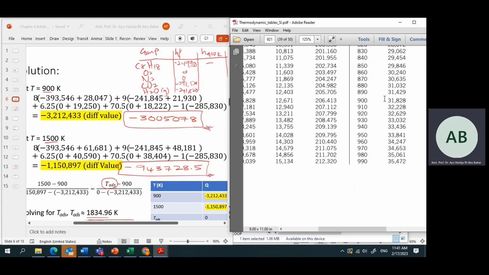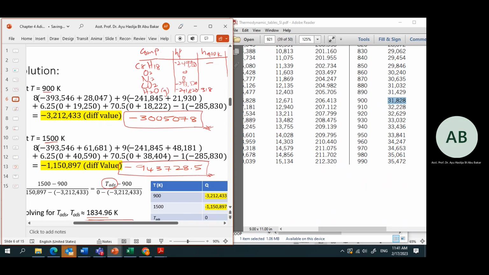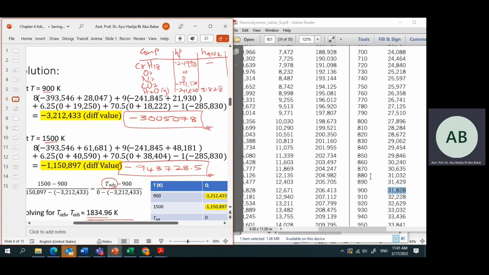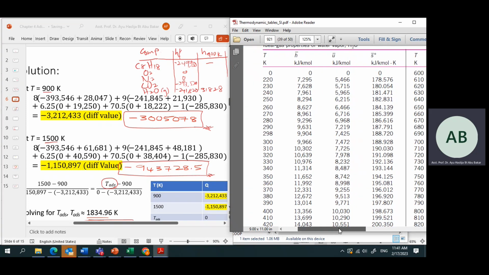For water, this is the figure: enthalpy at 900, water, 31828. Then find for 298 as well, that reference.